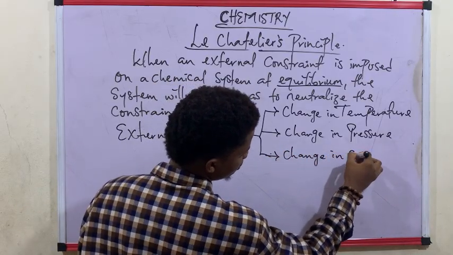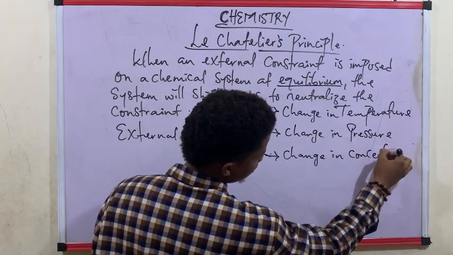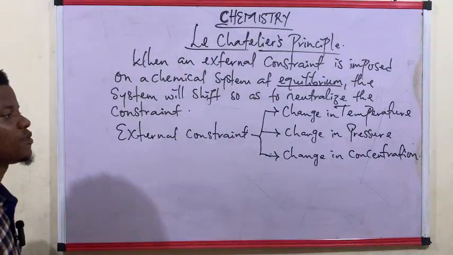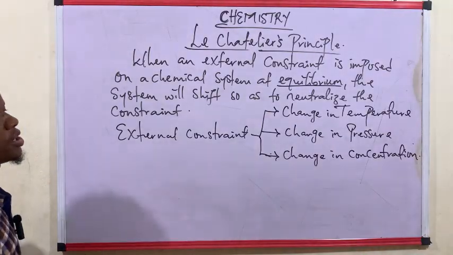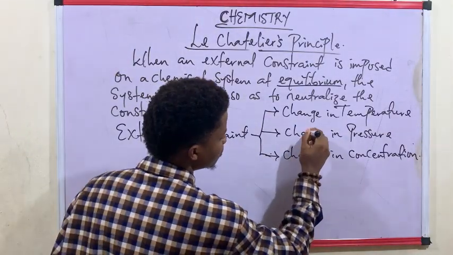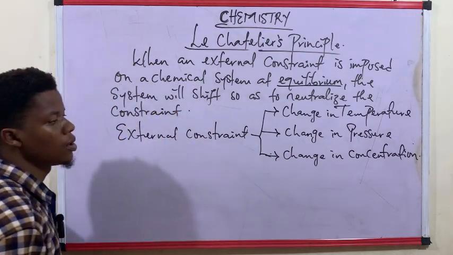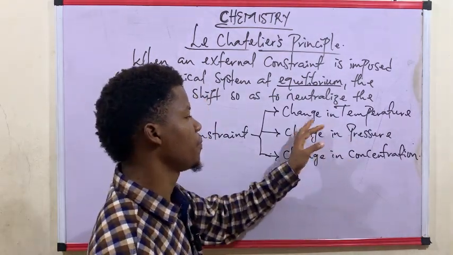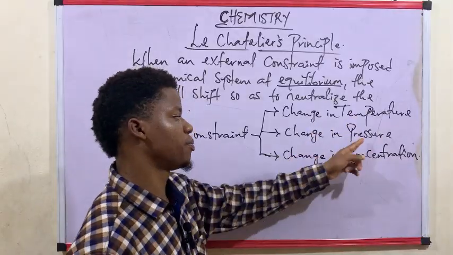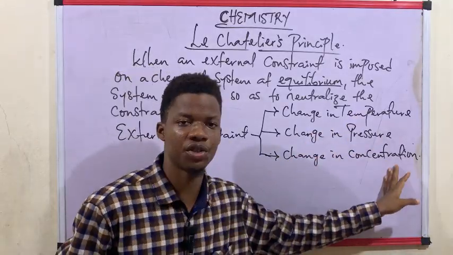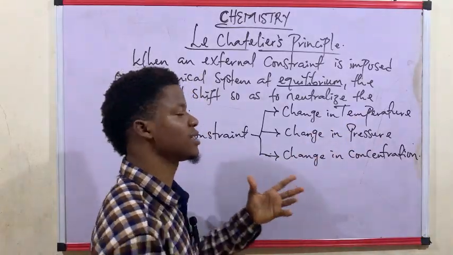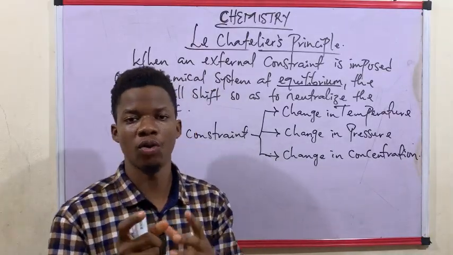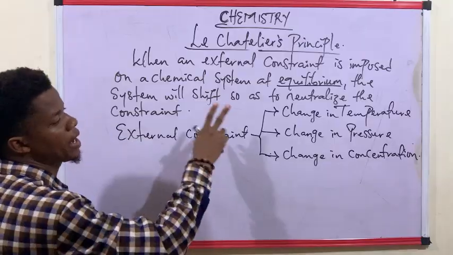Change in concentration. So we have change in temperature, change in pressure, and change in concentration. These are the external constraints that can have effect when they are imposed on a system at equilibrium.